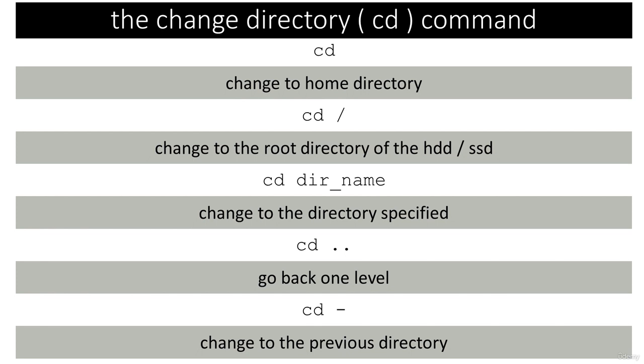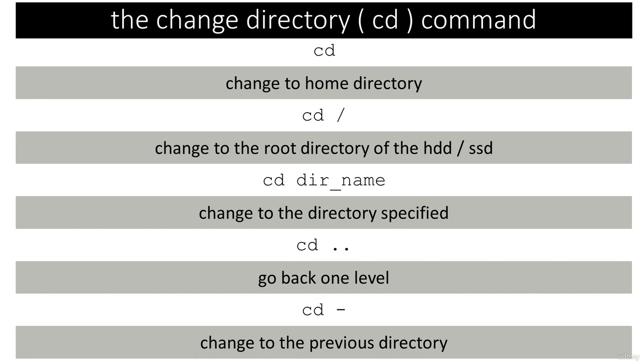First command we have is cd. If you type cd all on its own, you will change to your user's home directory. Typing cd / will change to the root directory of your server's solid-state drive. To change to any directory of the current location, you type the cd command, leave a space, and then the name of the directory.